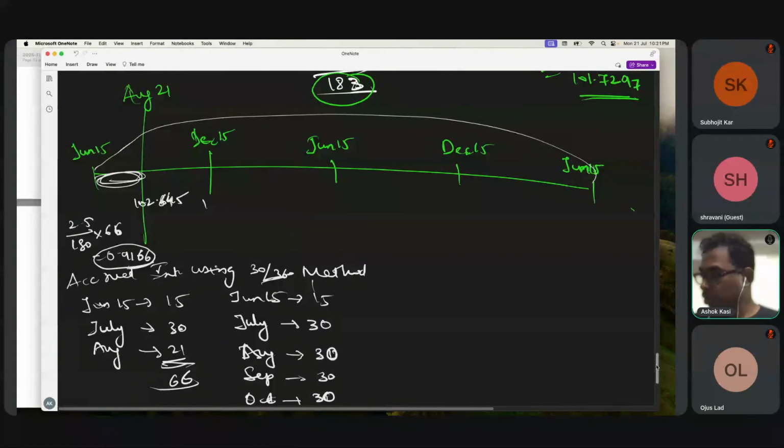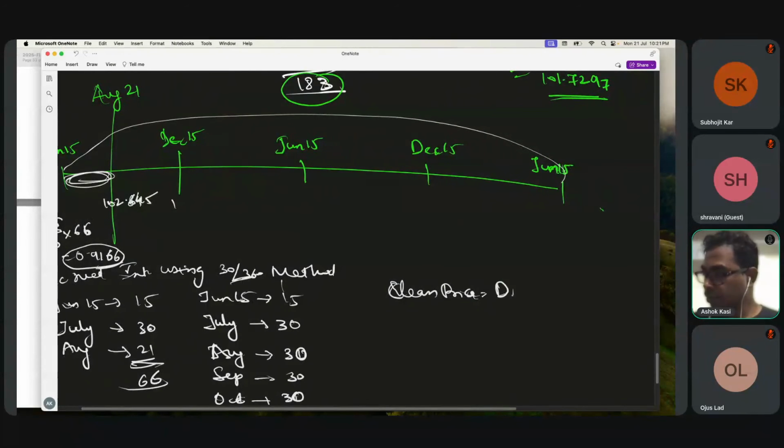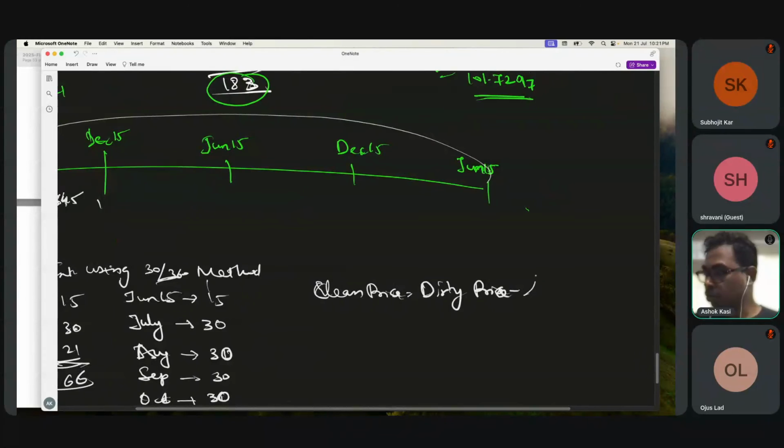So my clean price will be dirty price minus accrued interest.